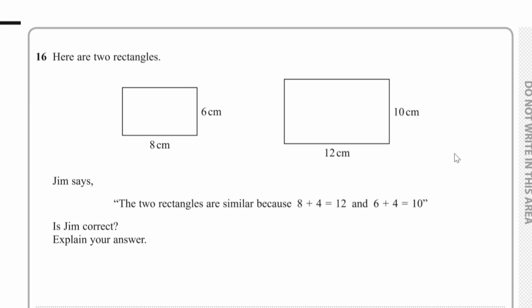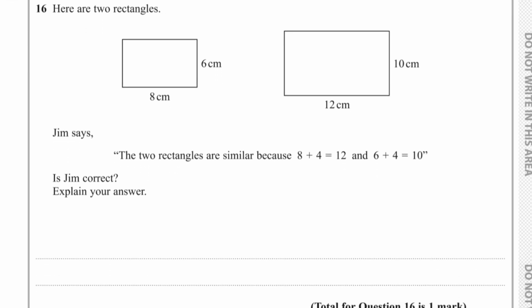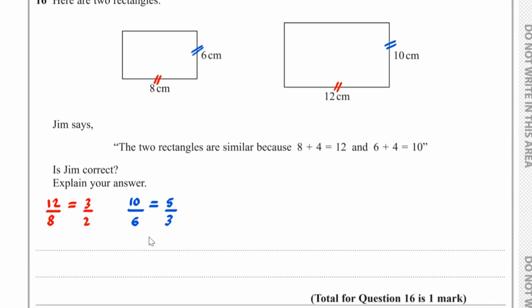Explain your answer. Well, what we have to do here is consider the length scale factors. If I consider this side with its corresponding side here, the scale factor in that case will be 12 over 8, which is equal to 3 over 2. And if I consider this side with this side, the scale factor will be 10 over 6, which is 5 over 3.